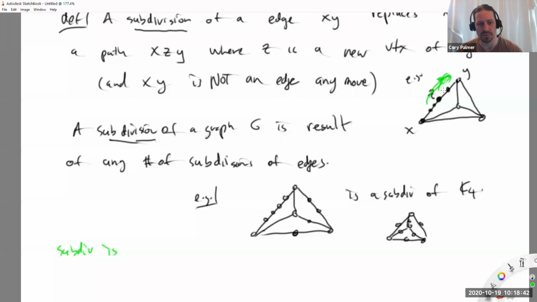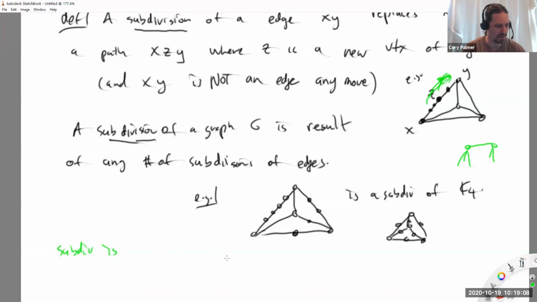You could go in the reverse. There's multiple ways to contract it, but when I contract a pair of vertices, like pull these guys together and make a new one, subdividing doesn't undo that, right? Subdividing only introduces vertices of degree 2. And so subdivision doesn't undo contraction, but contraction does undo subdivision. Okay, so they're not inverses of each other, but there is a relationship between the two of them.